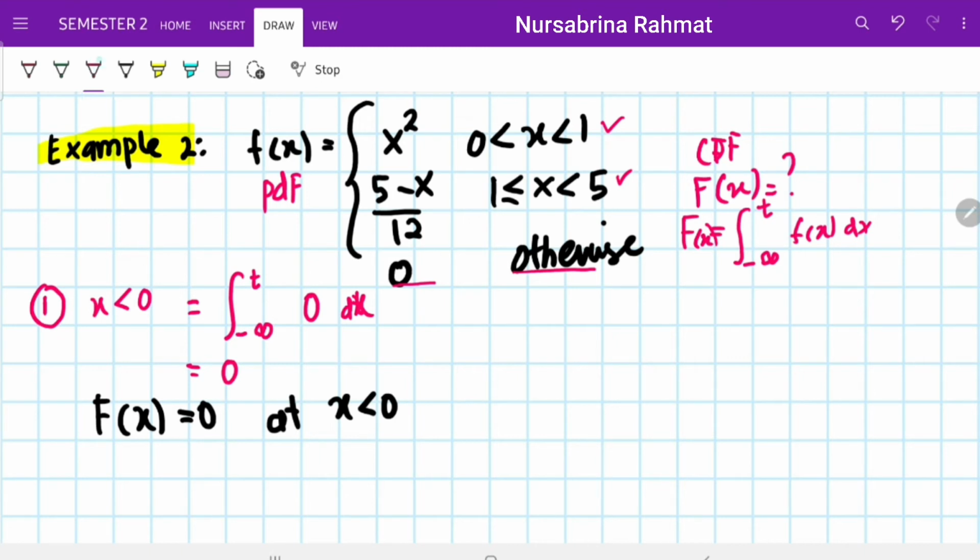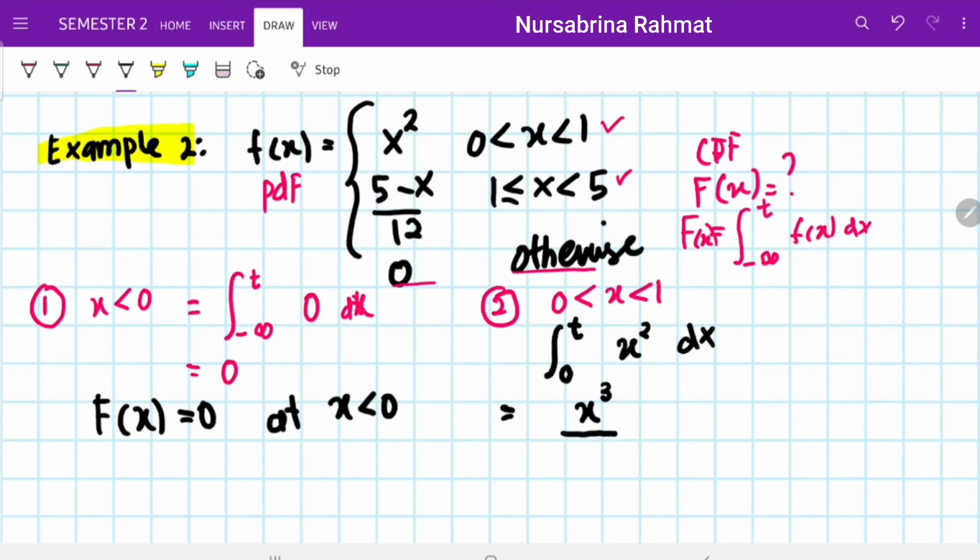What about the first class interval given in the probability density function, which is 0 less than x less than 1? We're going to integrate from 0 to t the function x squared dx. Integrating x squared, the power increases by 1, which is 2 plus 1 equals 3, and we divide x cubed by the new power, which is 3.